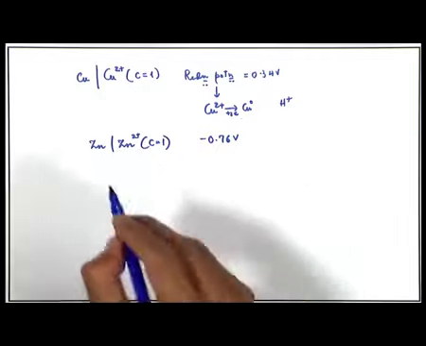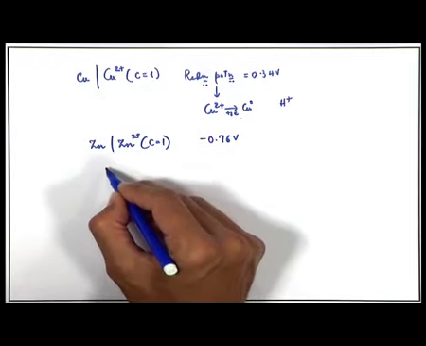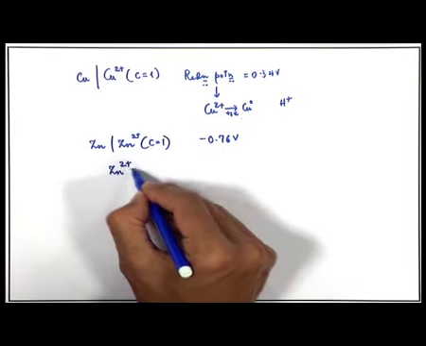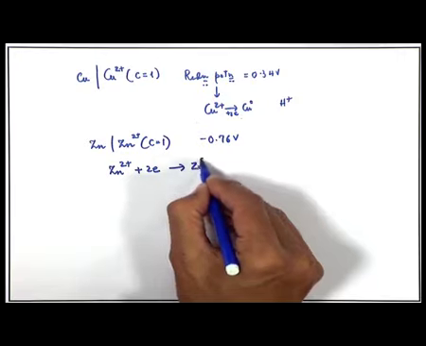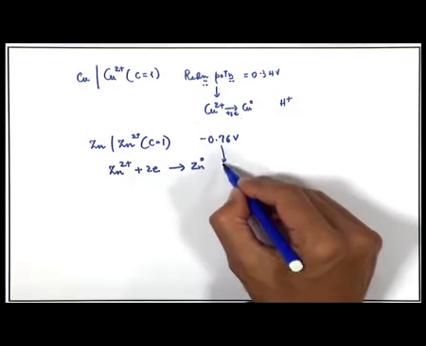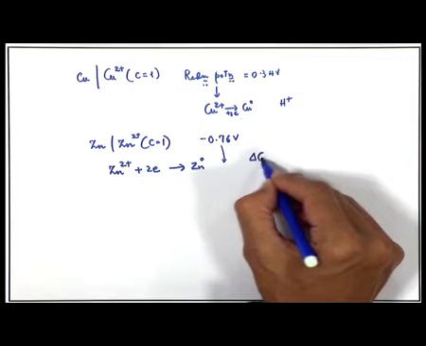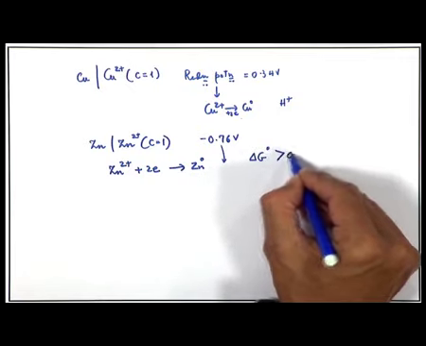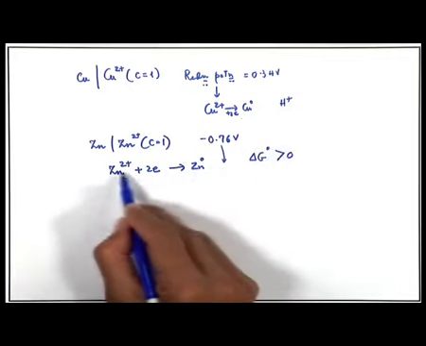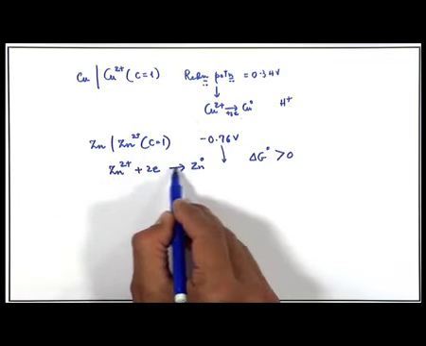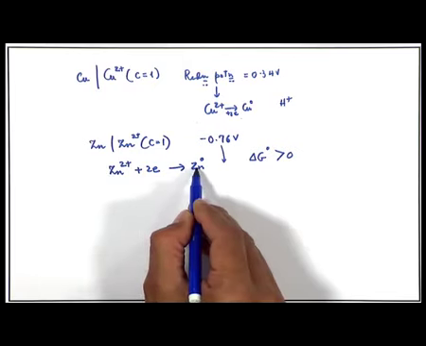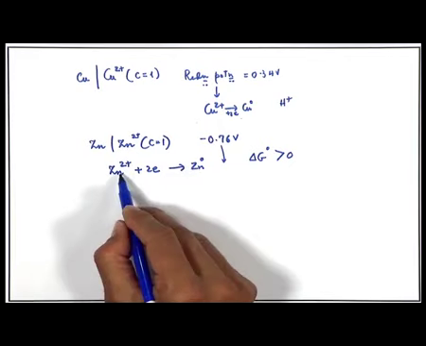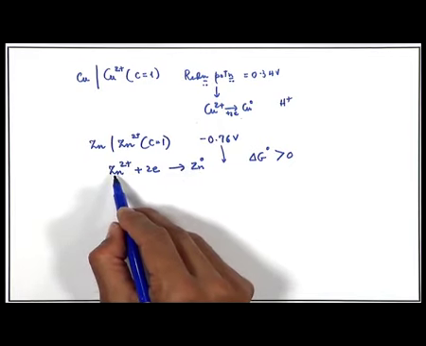That means this is negative, and we are representing the reaction Zn2+ plus twice electron gives Zn0. For this, the value is negative, meaning the corresponding delta G0 is positive. So the way it is represented, this is not a spontaneous direction, but the reverse is the spontaneous direction. So zinc will dissolve in HCl producing hydrogen.